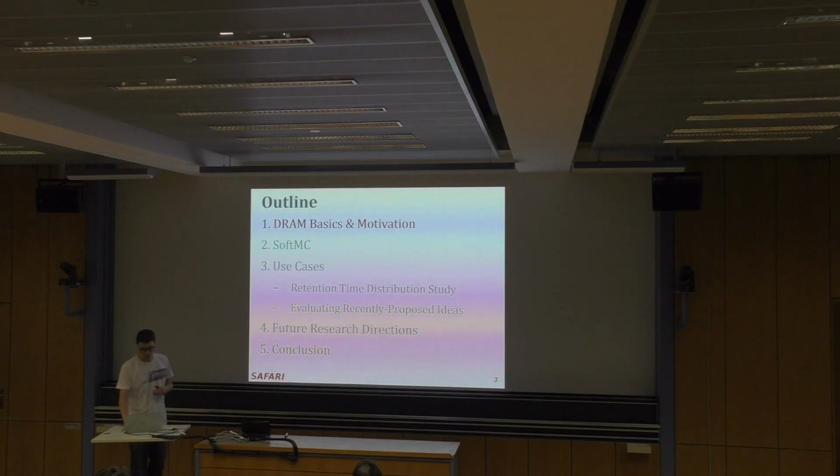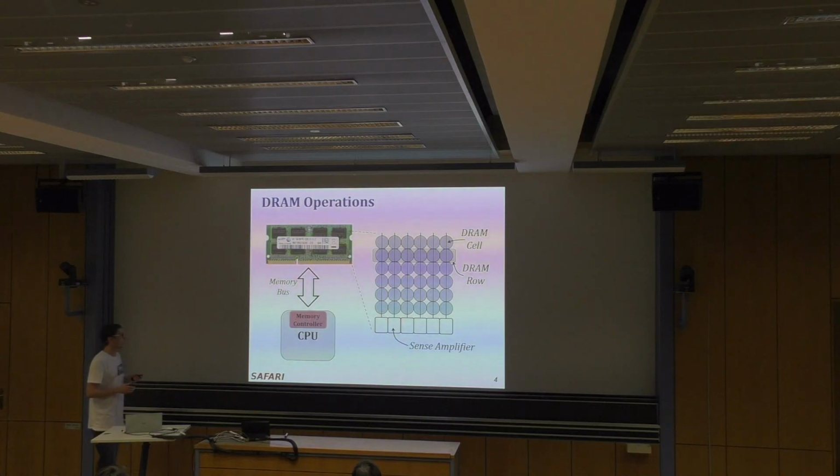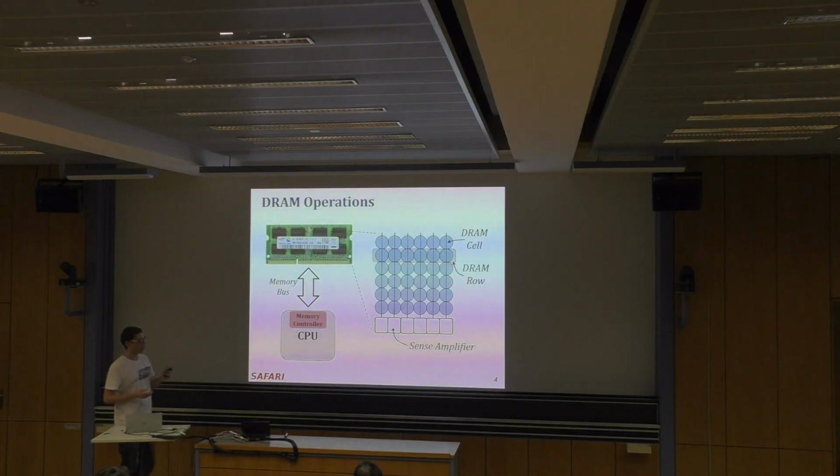Let me start with some very brief DRAM background. On this slide you see a typical memory module, which is connected to a single memory controller over the memory bus, and the memory controller is inside the CPU. If we zoom into one of the DRAM chips in the DRAM module, we see that a DRAM chip is organized as multiple subarrays.